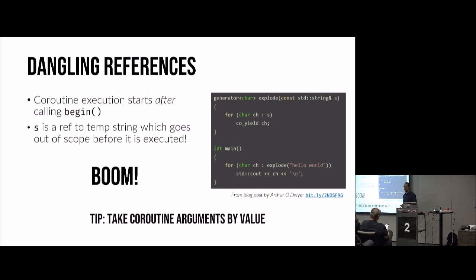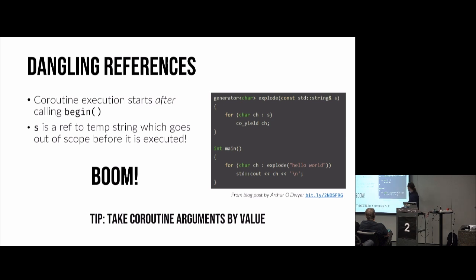I think coroutines are super cool, but let's look at this innocuous looking code from a blog post. I took this one from Arthur O'Dwyer's blog post, but it's been discussed a lot on the C++ Slack, and the problems of dangling references go way deeper than this one.